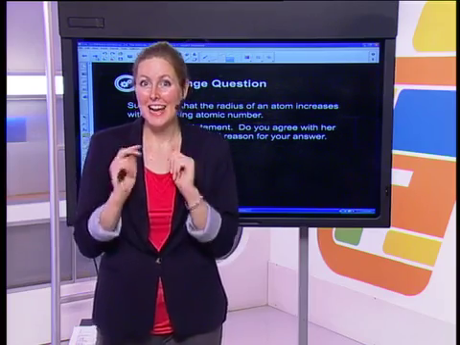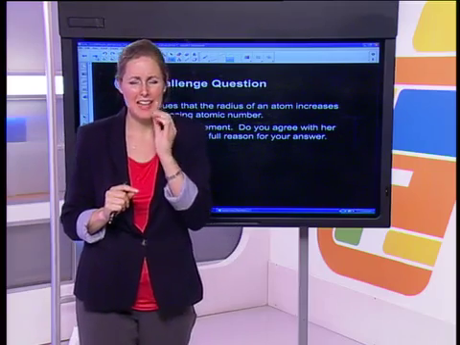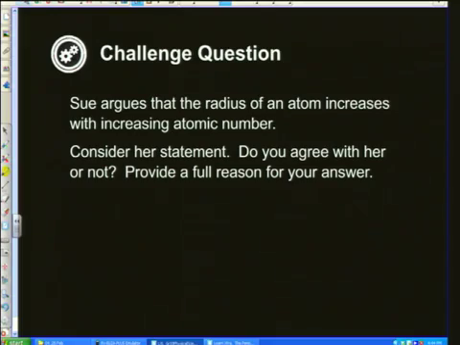Talking about challenges, I've got the challenge question up on the board, and I want to think this through with you, because it's actually a complicated question. Sue argues that the radius of an atom, remember we said radius was the size from the center to the edge, increases with increasing atomic number. Consider her statement. Do you agree with her or not? Provide a full reason for your answer.